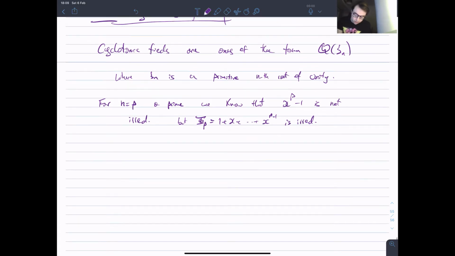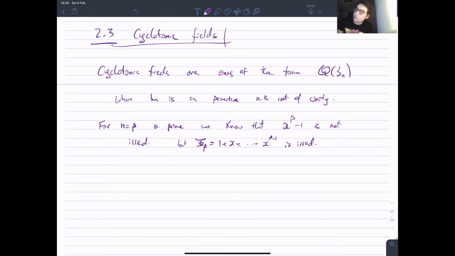So here's a result about the minimal polynomials of roots of unity, which I'm not going to prove. We'll just use this. You may have seen this in Galois theory, or in some other course, maybe in the number theory course last time.